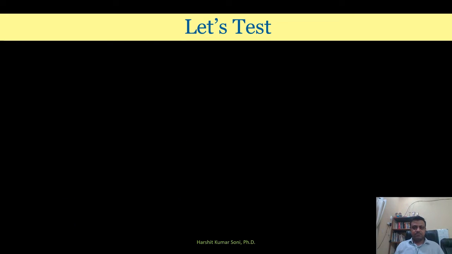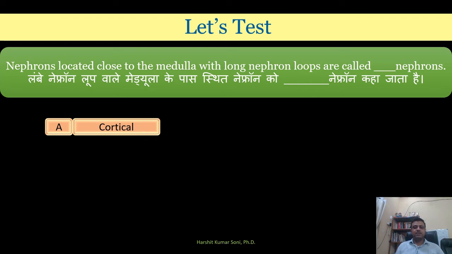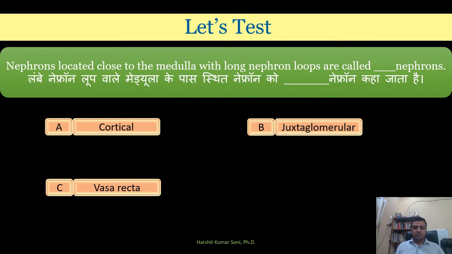Let's take one more question. Nephrons which are located close to the medulla are called what? Option A, cortical; B, juxtaglomerular; C, vasa recta; or juxtamedullary.